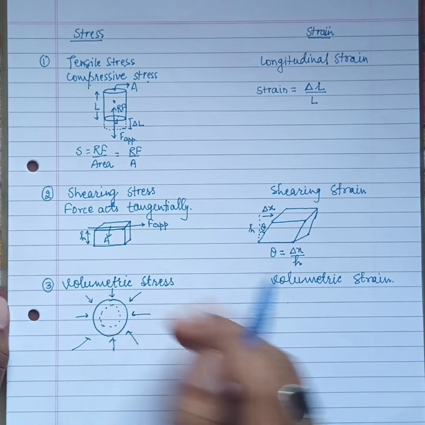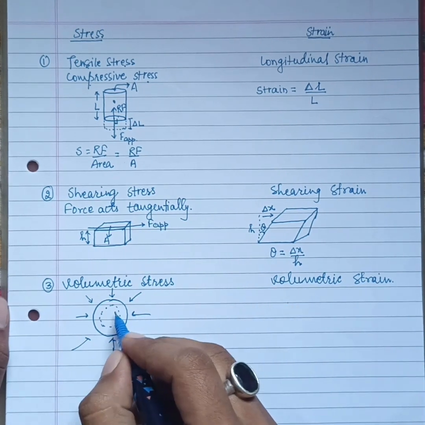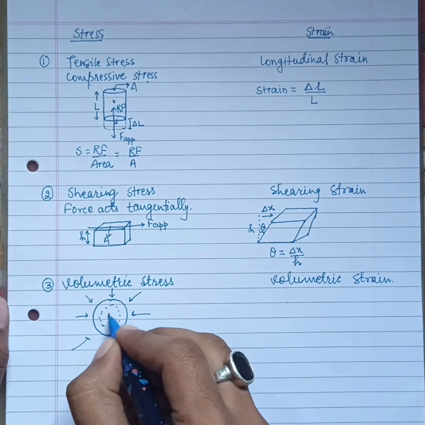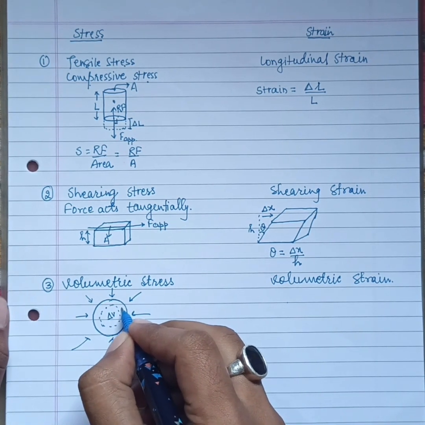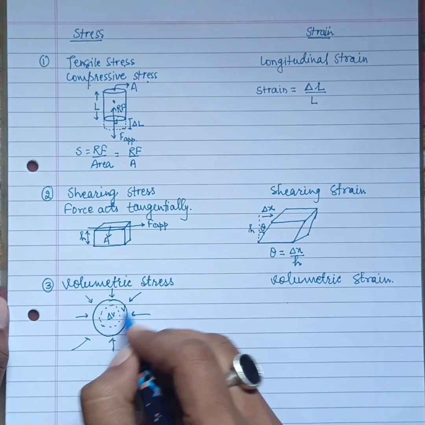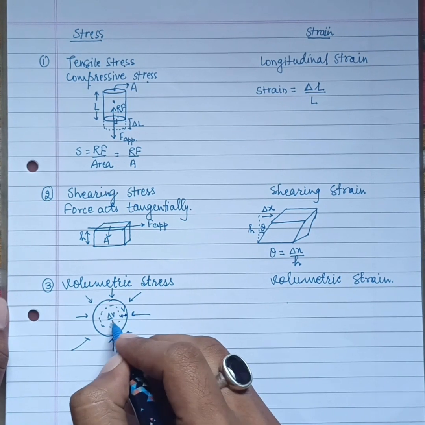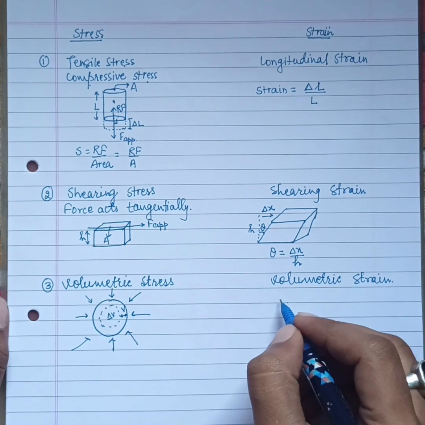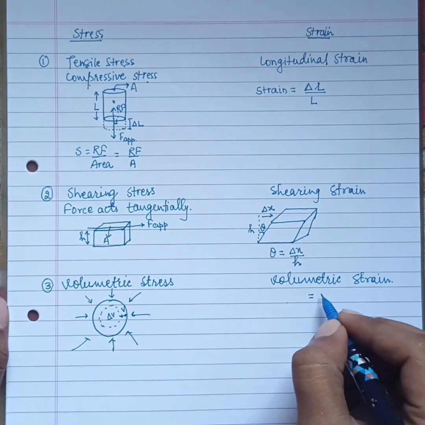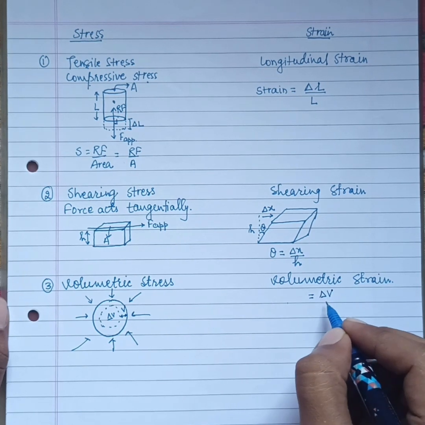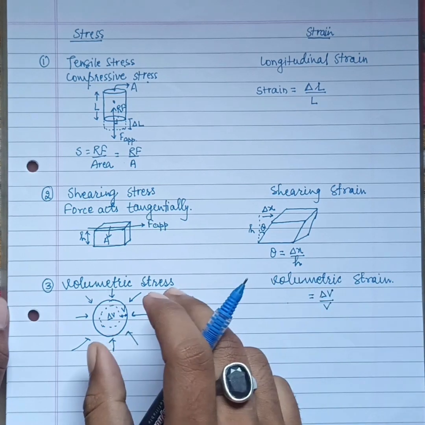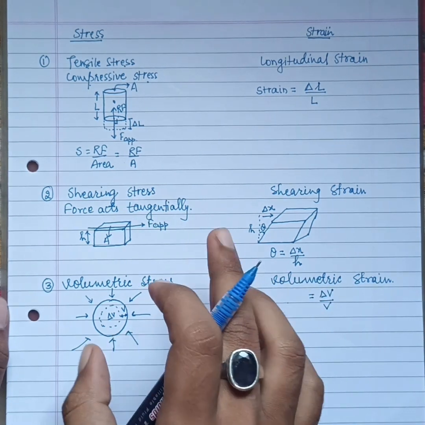Due to this reduction, the original volume was V, and the change in the volume becomes delta V. So volumetric strain will be equal to change in volume upon the original volume. Clear?